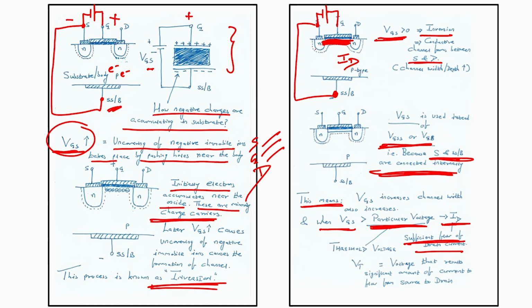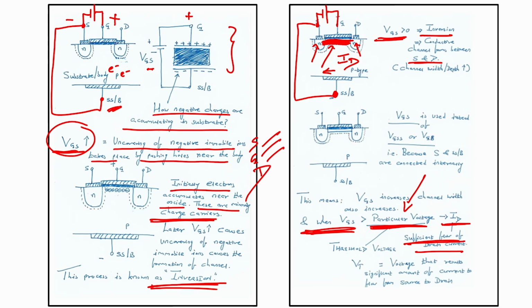Why? Because now my electrons from the source can reach the drain using the channel here. So, there can be flow of current ID, right. So, this particular voltage, above which VGS reaches, is called your threshold voltage, alright.